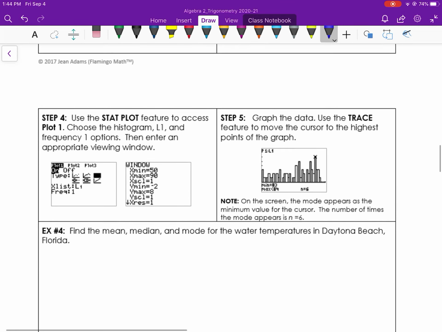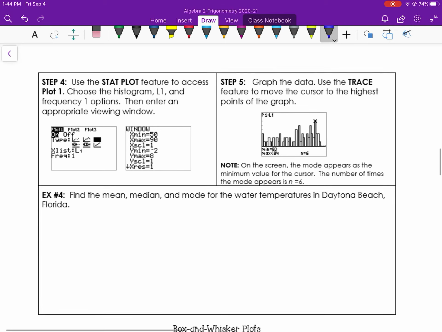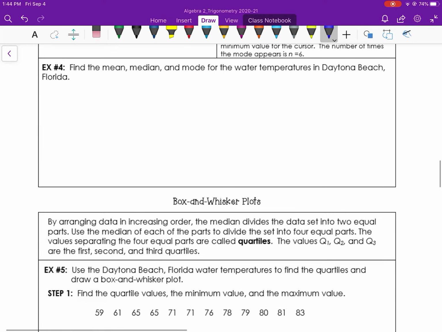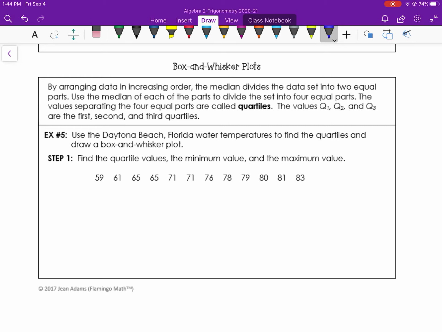All right, so just take your time. Like I said, if you really want to be proactive, you can totally do it in the calculator. All right, and we'll do example 4 because that ties into that as well in Desmos. Moving along, example 5. I'm going to show you how to do in Desmos as well.